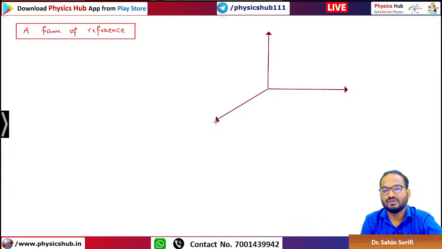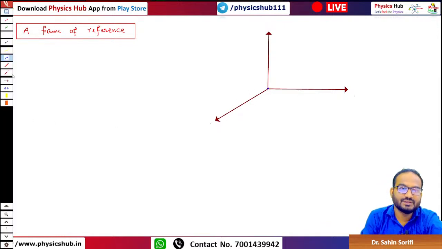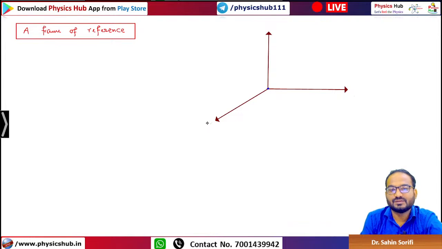So let's say this is our coordinate system XYZ. If you want to denote any point, you need a coordinate system, right? So let's say you are an observer. With respect to this frame, you are making the observations.